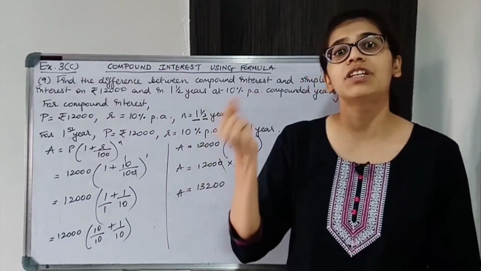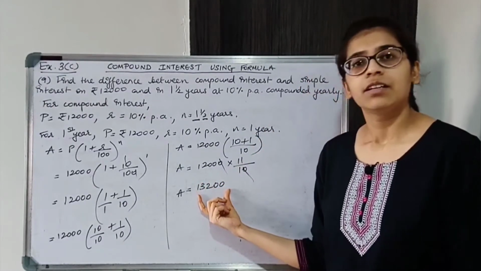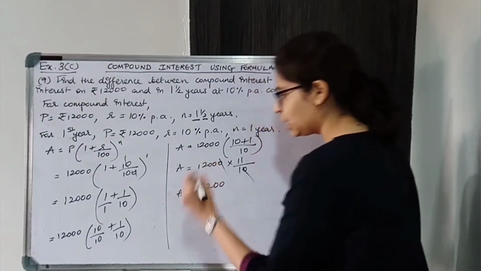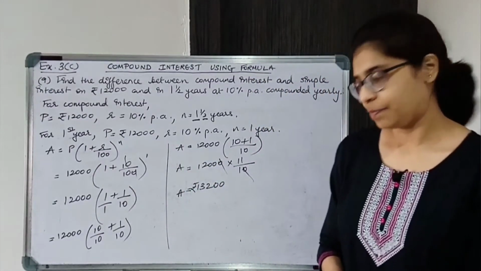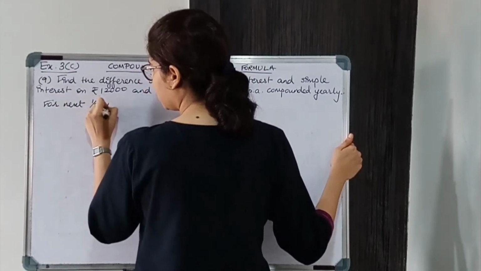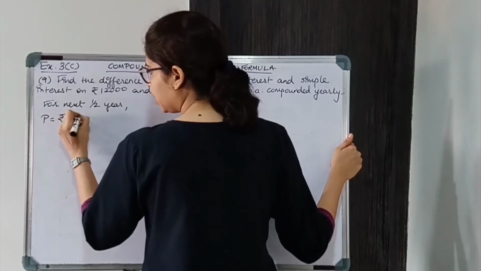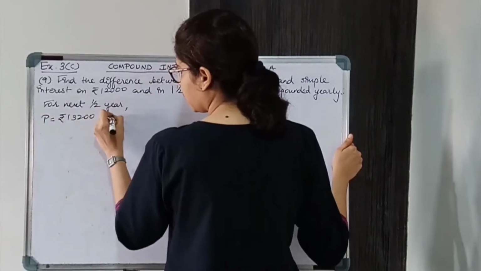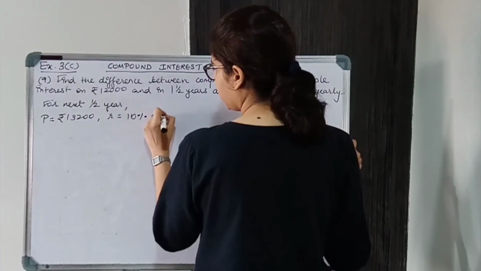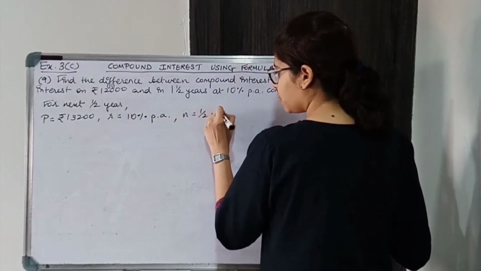So we will use the modified formula for the next half year, and the principal will be 13,200. So for the next half year, principal will be 13200, R will be 10% per annum and N is equal to half year.